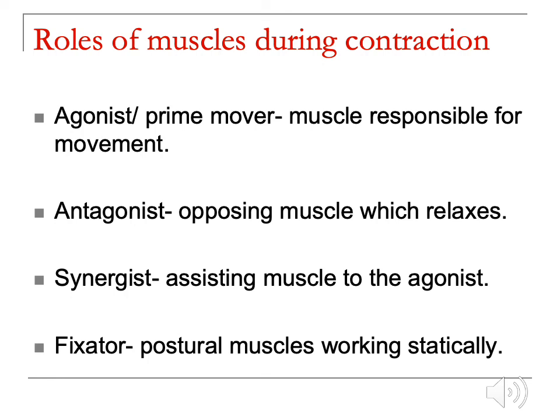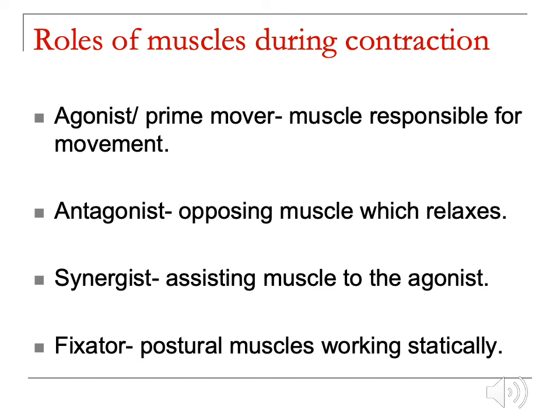So we'll have a number of muscles, deltoid for example, and then muscles around the scapula, such as the rhomboids, working to hold that in place. There may be a whole range of muscles, pectoralis major probably playing some role to stabilize the humerus, while biceps brachii is creating flexion at the elbow.